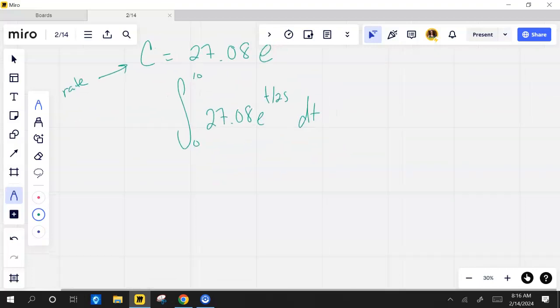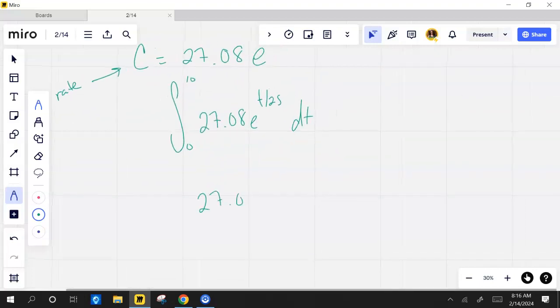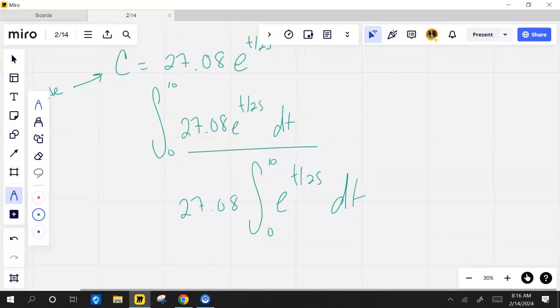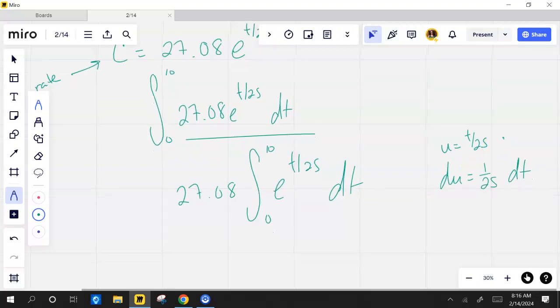Did you do this by hand? Okay, so 27.08. If I'm doing this one, this is going straight in Y1 for me, and I'm integrating from 0 to 10. But if I had to do it by hand here, my U would be T over 25, which means my DU would be 1 over 25 DT, right?